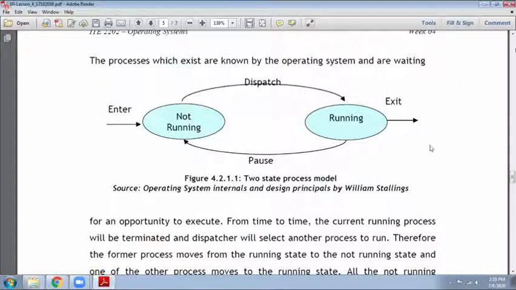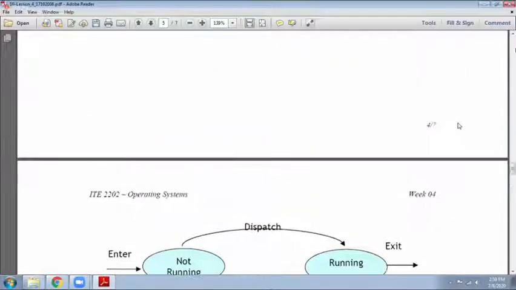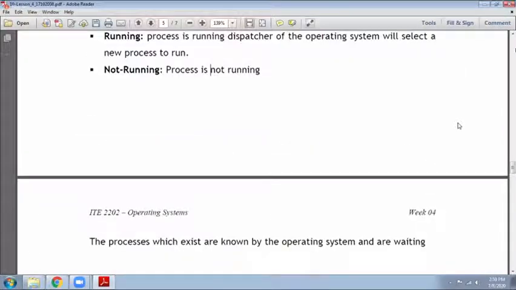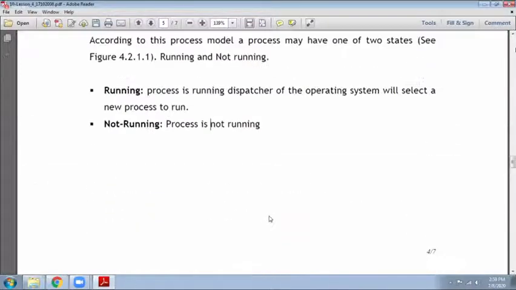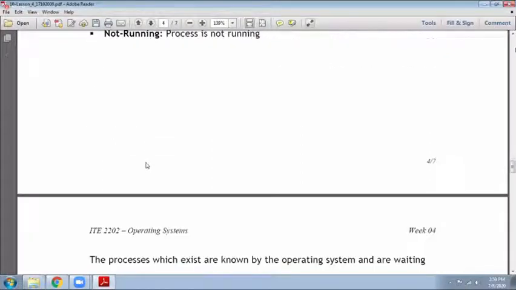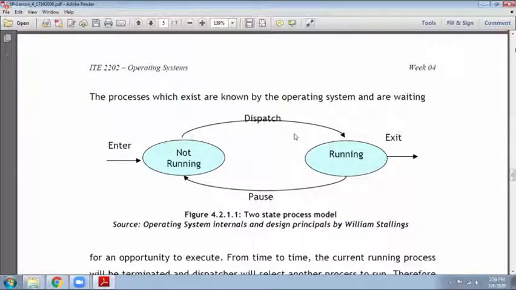So enter and exit. Enter means new processes are coming, and once it is terminated, you can exit it. So the model is a diagram. As a diagram, you can put these things. So two states, running and not running, and you can put arrows showing how to change from one state to another.